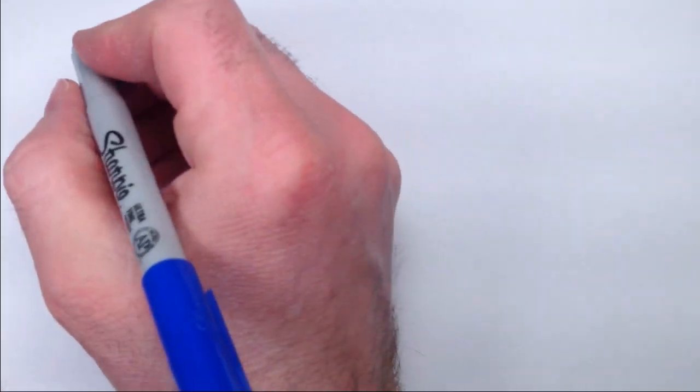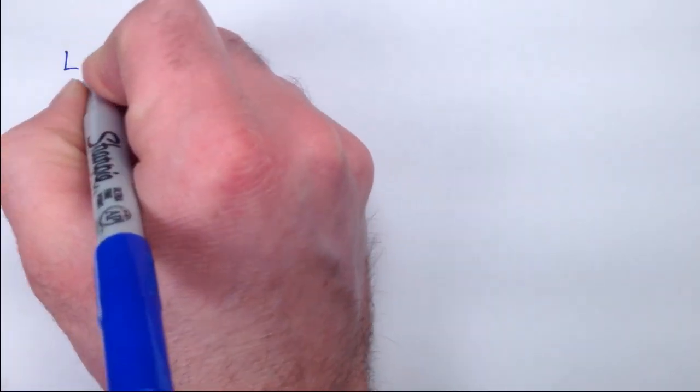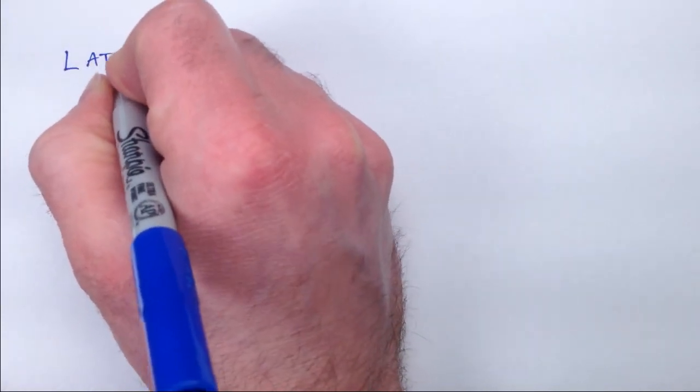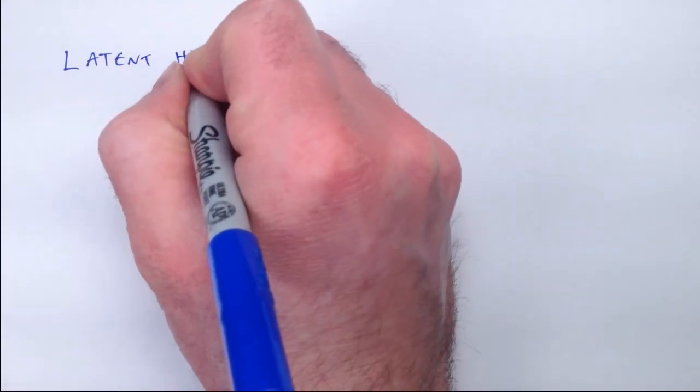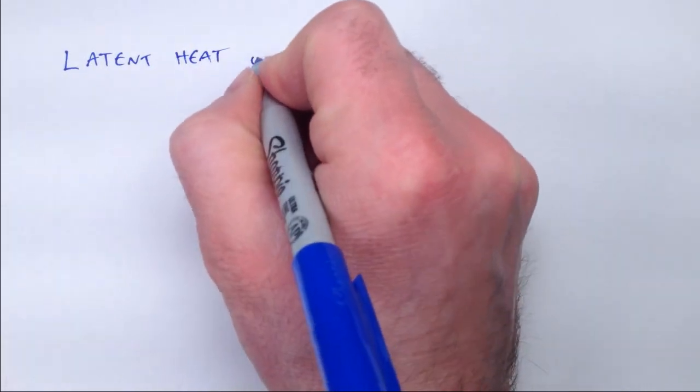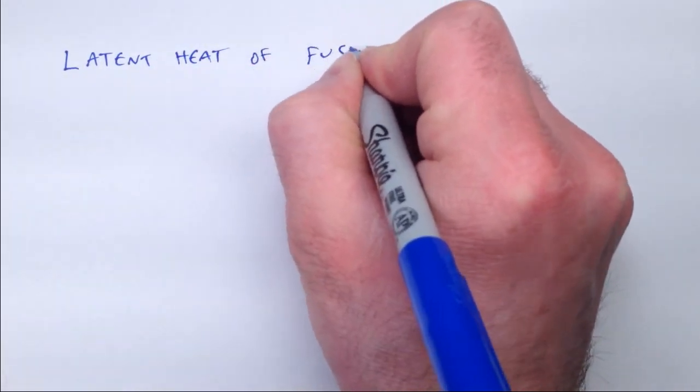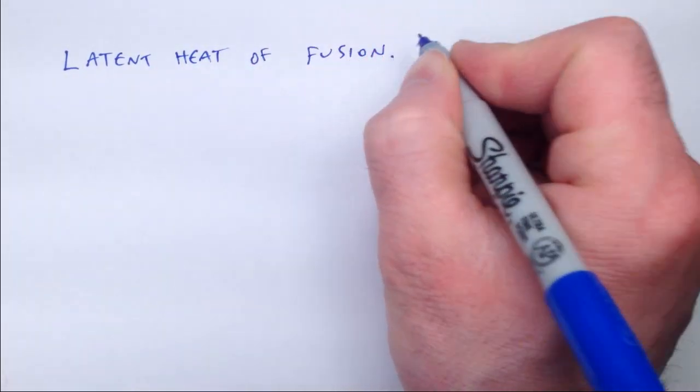And when we're talking about melting ice into water, we are talking about what's called the latent heat of fusion. Fusion here refers to the locking together of particles.